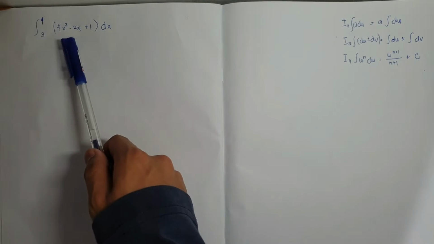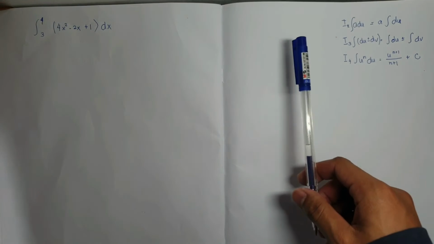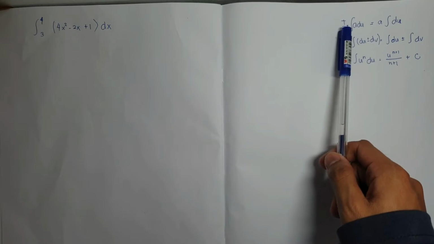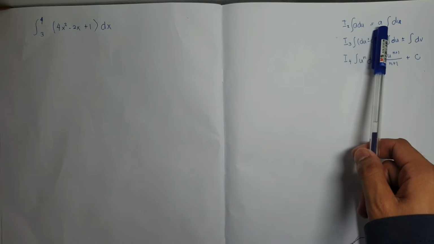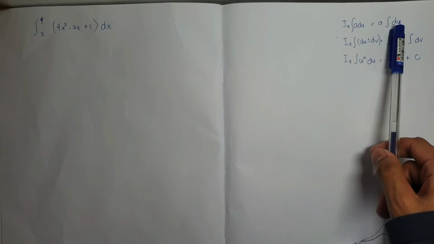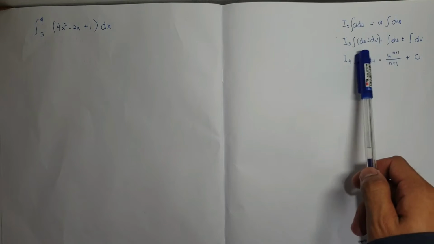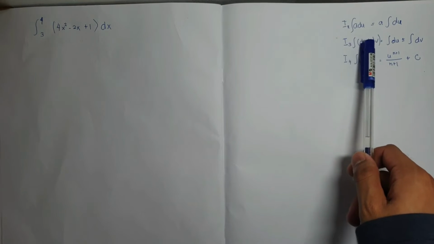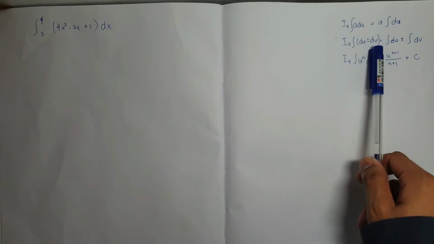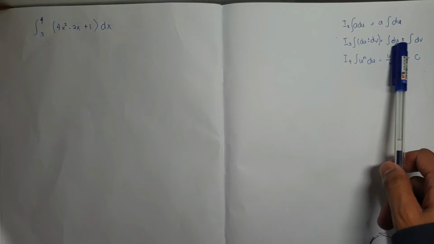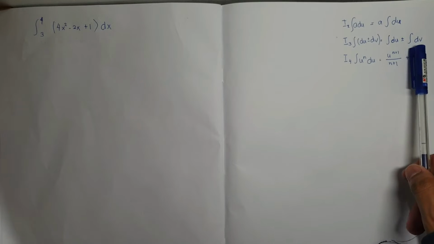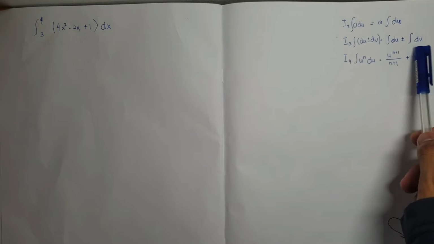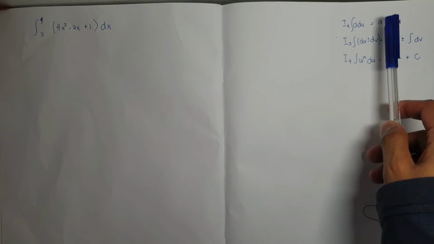In solving this equation, we will apply integral rule number 2, which is the integral of a du equals a times the integral of du, and integral rule number 3, which is the integral of du plus or minus dv equals the integral of du plus or minus the integral of dv. Now we will apply these two rules to our equation.